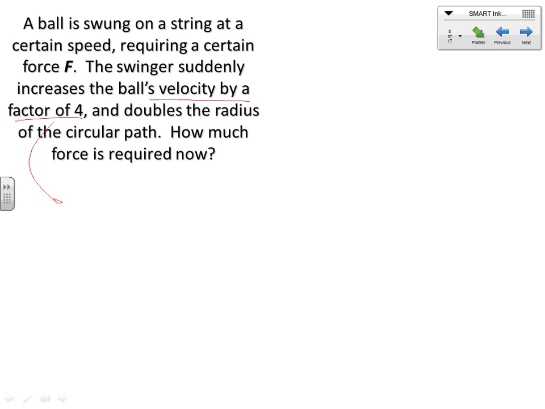How much force is required now? That would increase the force by a factor of 4 squared, or 16. But here we also double the radius. Doubling the radius would give us half the force. So you combine these and we get a total force required now of 8F.